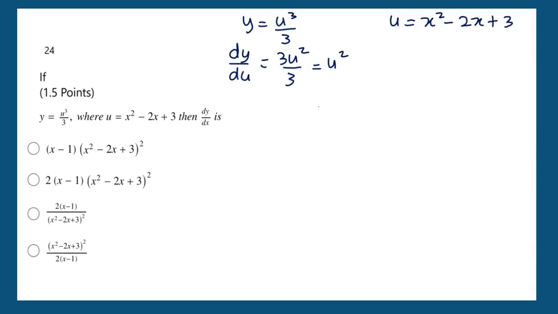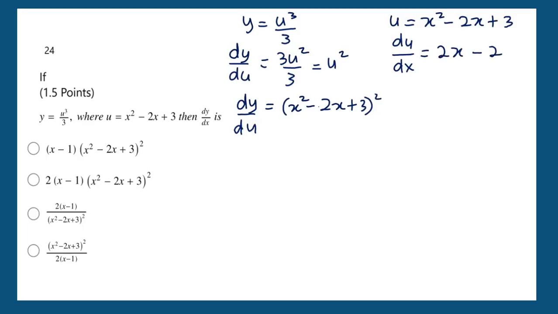As we know that u equals x squared minus 2x plus 3, you just substitute. So this is (x squared minus 2x plus 3) squared, this is dy/du. For du/dx, you differentiate u with respect to x, you will have 2x minus 2. Or you can factorize out the 2, you will have 2 times (x minus 1).